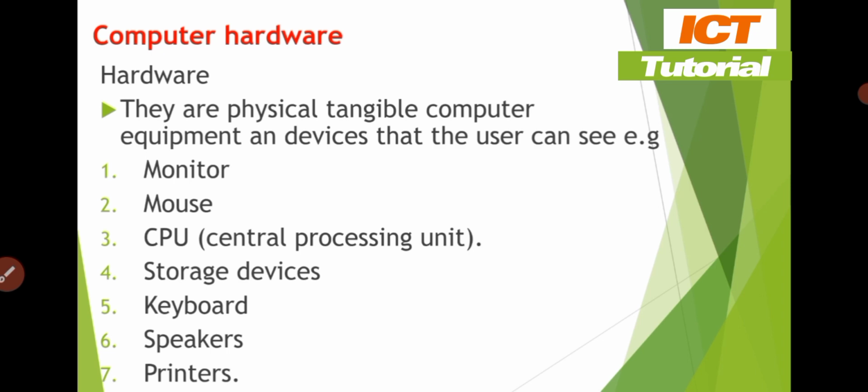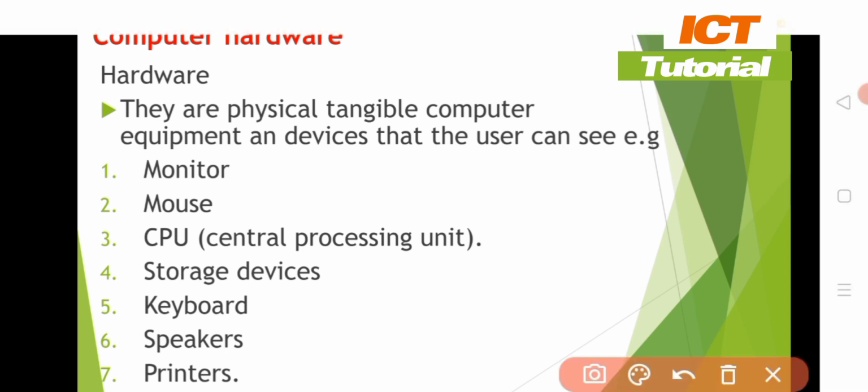So what is a hardware? If you are told to define the following terms, maybe computer, data, information communication technology, hardware, maybe software, you define hardware as that. Simple. They are physical, tangible computer equipment and devices, not just computer devices.